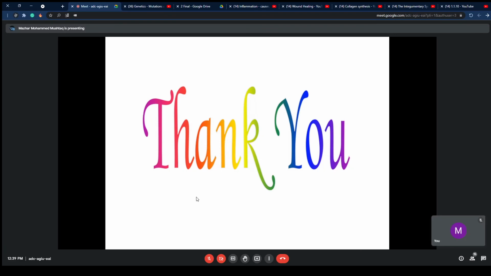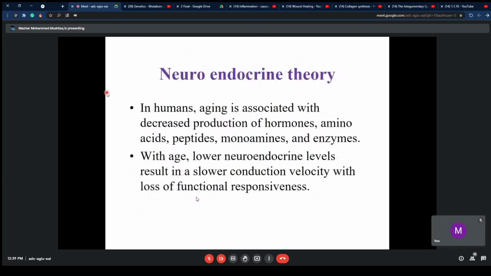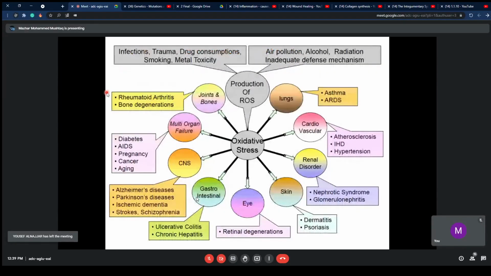Doctor, is oxidative stress the main cause of cancer and aging? Oxidative stress is a cause not only of aging, it can be a cause of many problems. If you see this picture, this slide that I showed you, it can be a cause of many problems, also a cause of cancer.